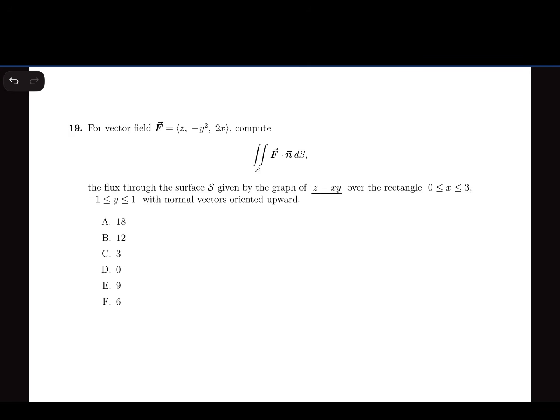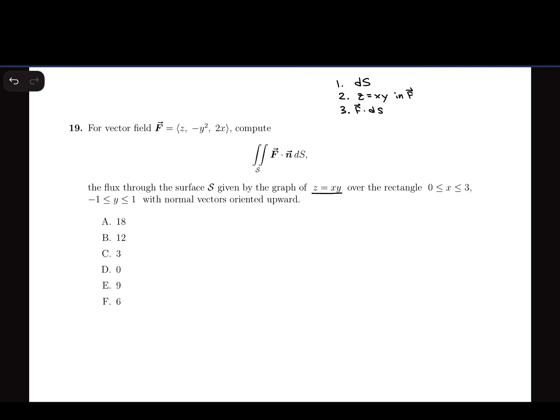So there's a few things we need to find. Of course, we need to find that normal vector ds. We need to substitute z equals xy into the vector f. We need to dot f and ds. And then we just need to integrate.